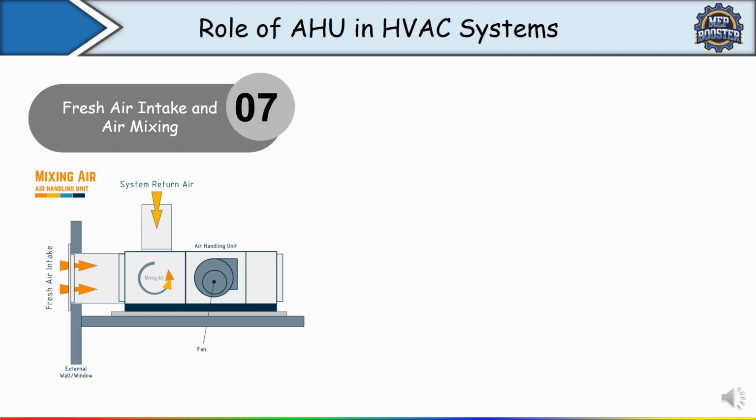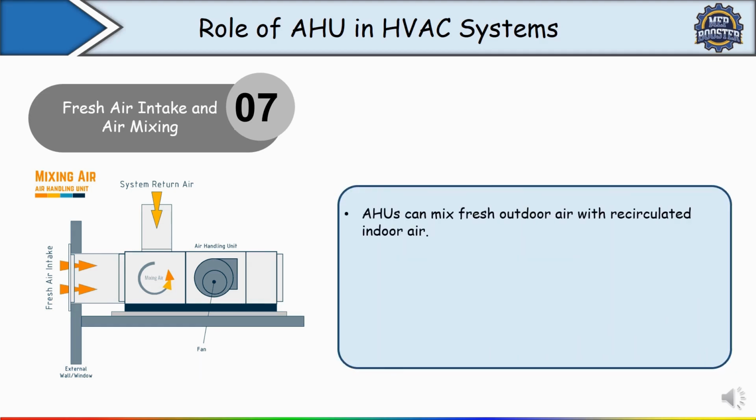Now next, which we have to see, the role of AHU in the HVAC system is fresh air intake and air mixing. What is this? All of you know that AHUs can mix fresh outdoor air with recirculated indoor air.